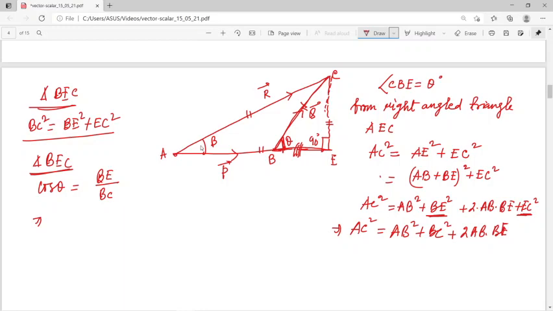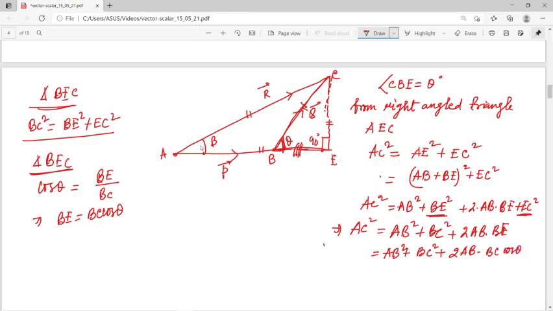We have to know the value of BE, so BE is BC cos theta. So we put this value: AB square plus BC square plus 2AB into BE, where BE is BC cos theta.